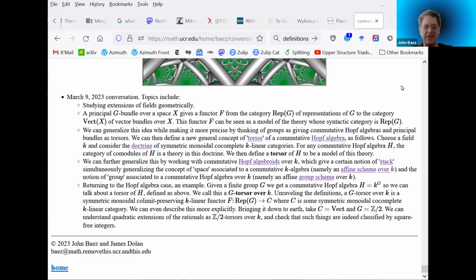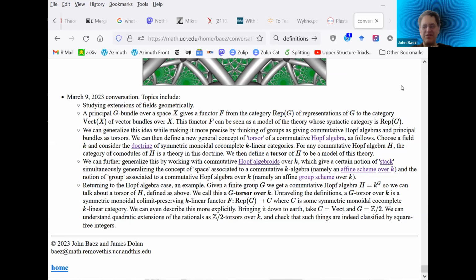Unfortunately, or fortunately, we focused on the case when our group G was Z mod 2. And so in that case, a model of this theory is just a Z mod 2 graded vector space.